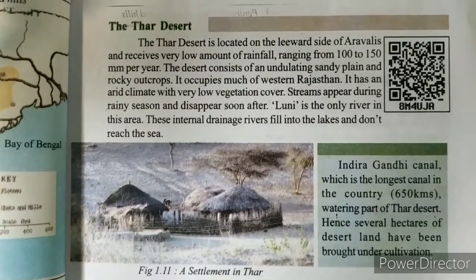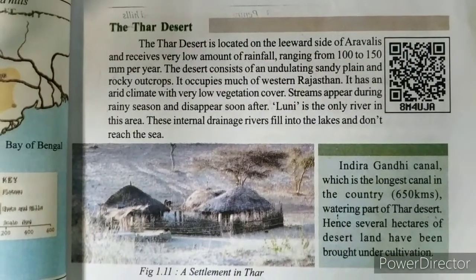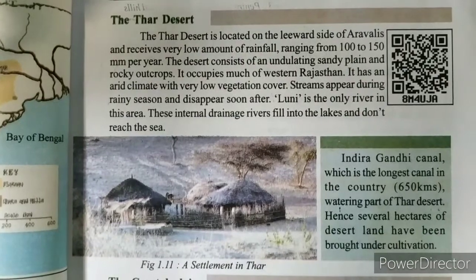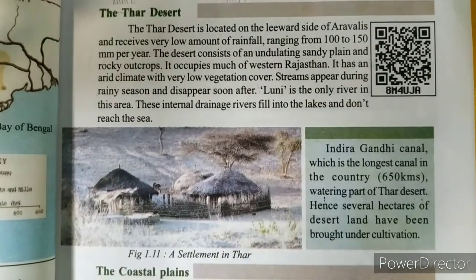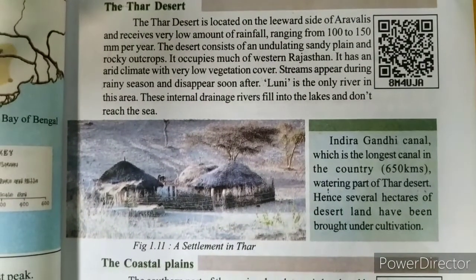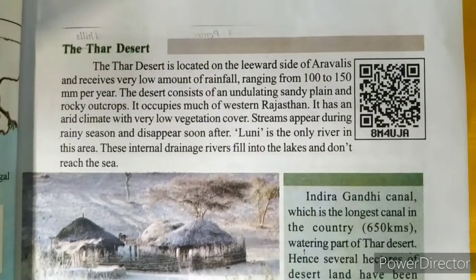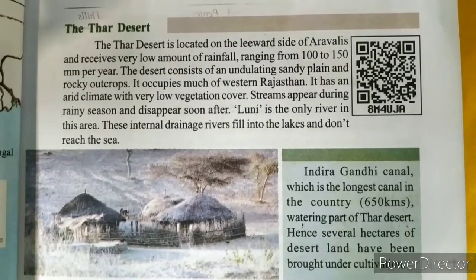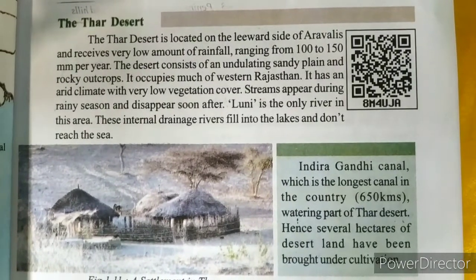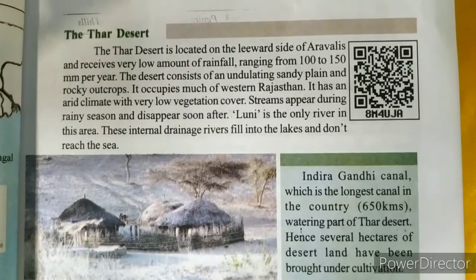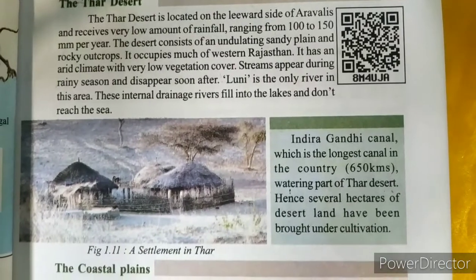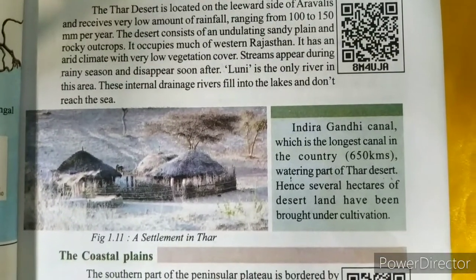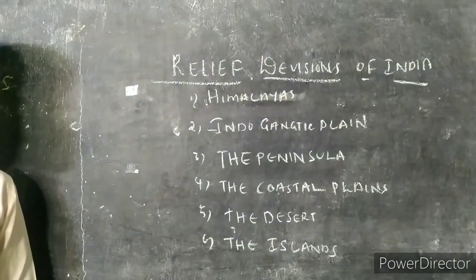It has an arid climate, and streams appear only in the rainy season and disappear very soon. There is only one river, the Luni, and the longest canal, the Indira Gandhi Canal, whose length is 600 kilometers, is the longest canal in India.